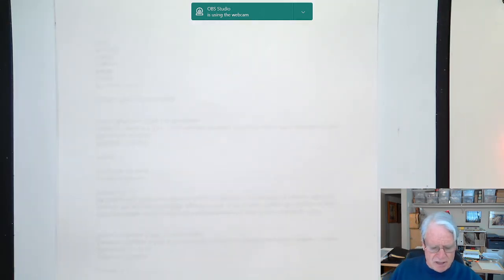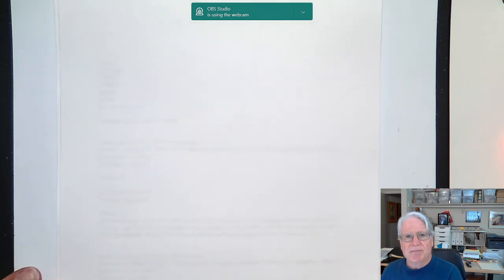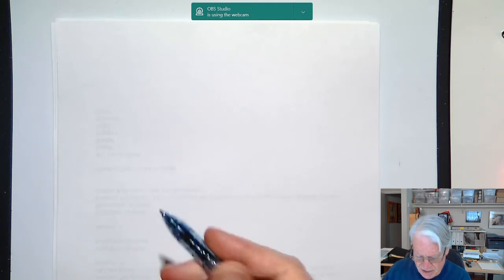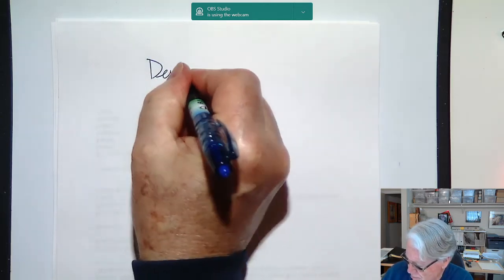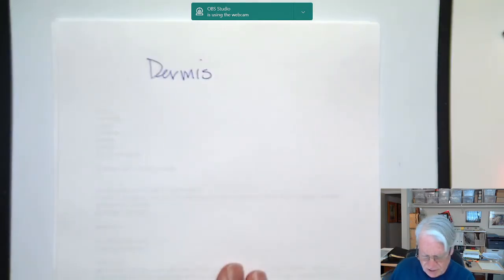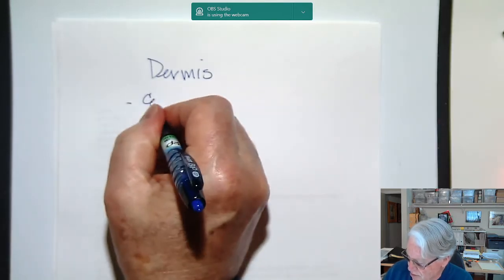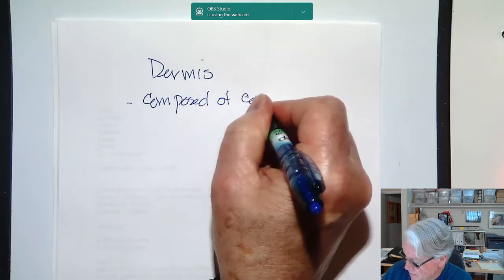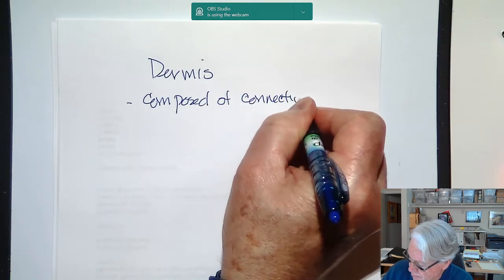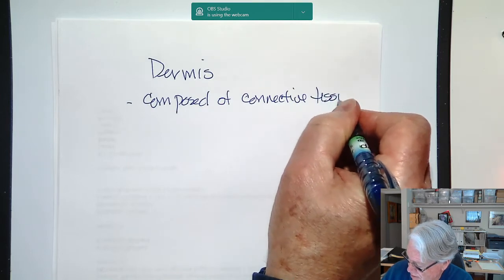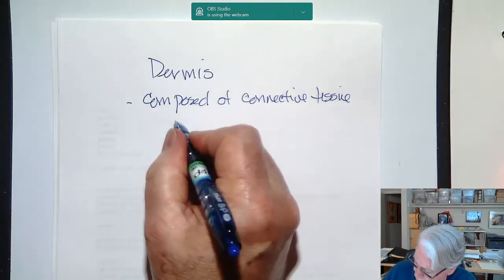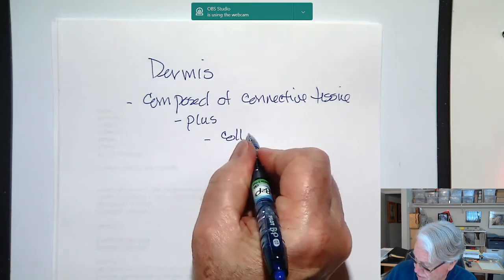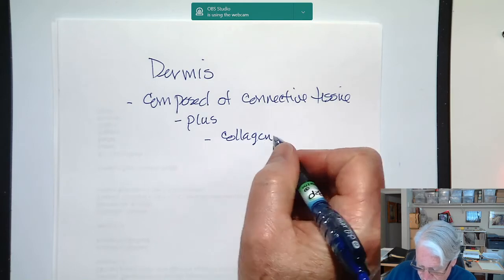Let's go ahead and begin our notes. We will start off with the heading, the dermis. So we're looking at the dermis. We can say that the dermis is composed of connective tissue, plus collagen fibers, and obviously collagen fibers are part of connective tissue.